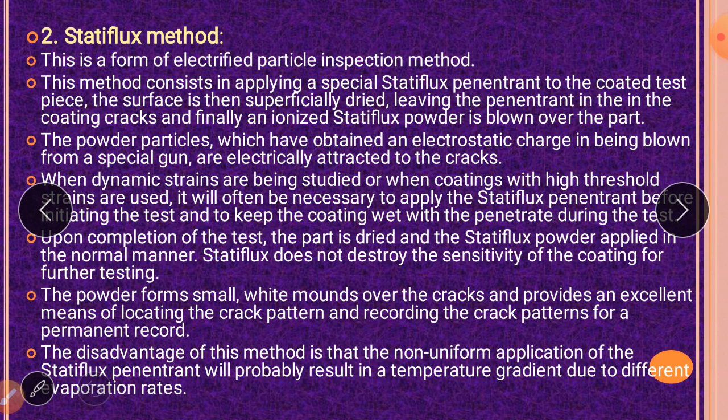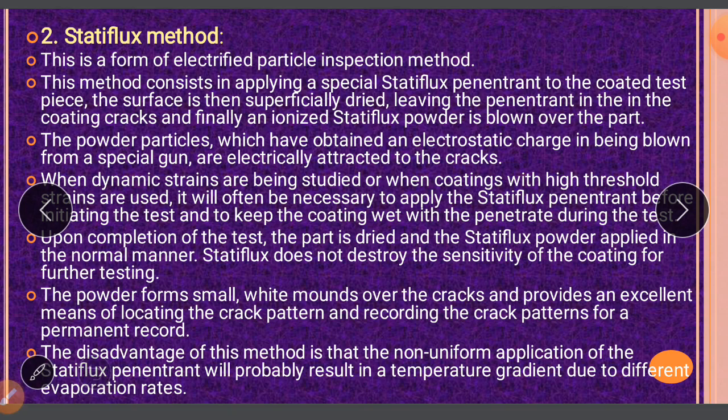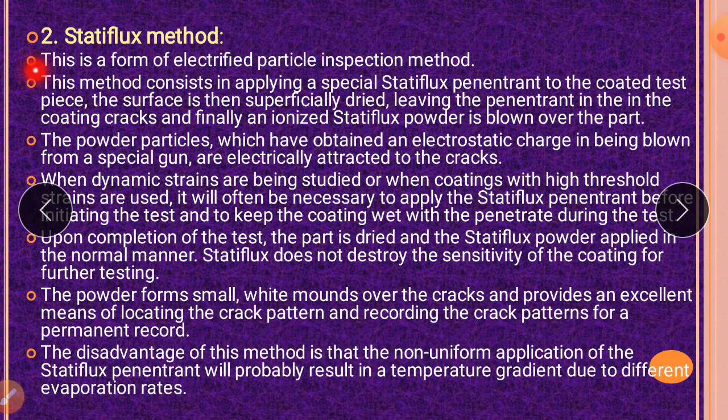The Statiflux method is another method to determine the crack patterns. This is a form of electrified particle inspection method. What we do here is use electrified particles to inspect the cracks.